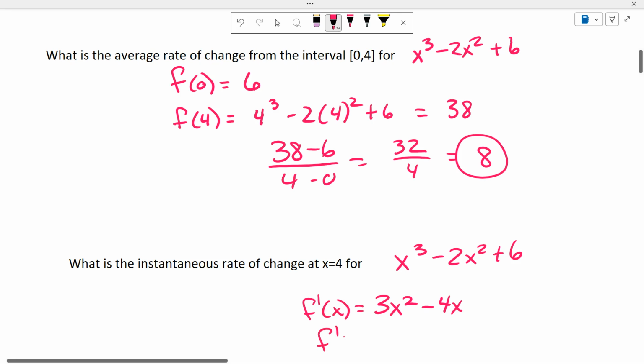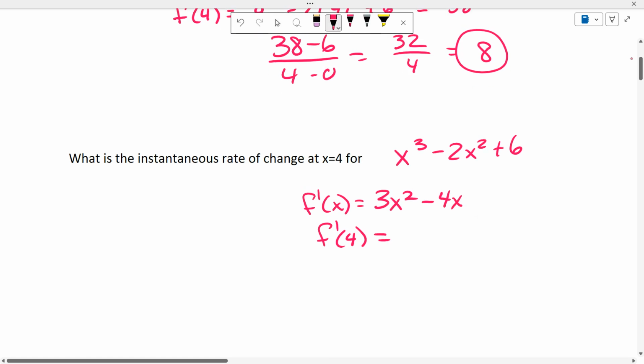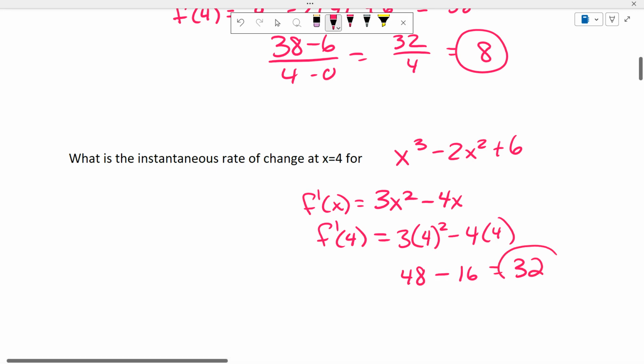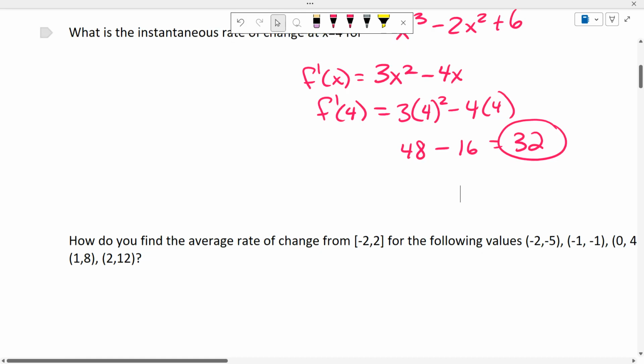So then you find it at 4. So it's 3 times 4 squared minus 4 times 4, or that's 16 times 3 is what, 48? Minus 16 is 32. So the slope at 4 is 32 because the derivative is the slope.